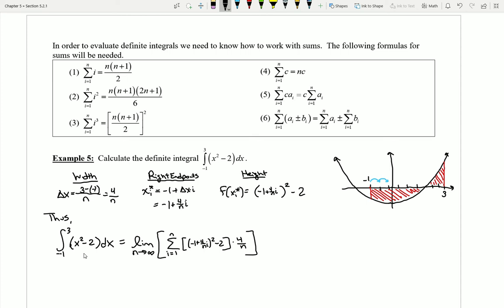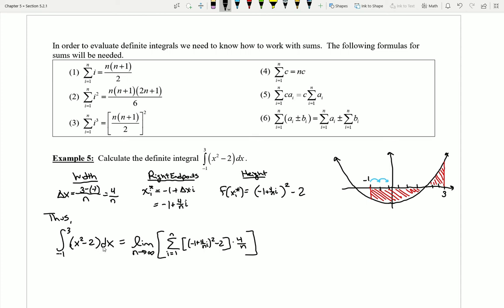If you are unable to justify why an idea works, you should never be able to use it. That's been one of our basic rules throughout the semester. It was the same way with derivative shortcut rules. You were not allowed to use derivative shortcut rules if you were asked to use the definition of the derivative. And right now, we don't have any shortcut integration rules. If you think you know some, you'd have to prove that they work to me first.